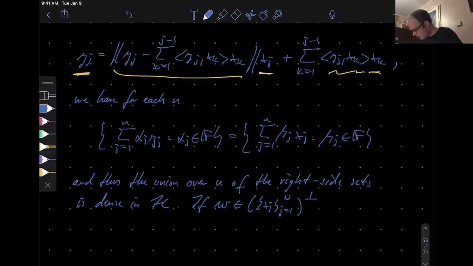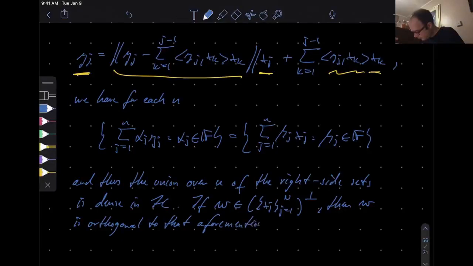Then w is also orthogonal to that aforementioned union of the right sets. But since that union is dense in H, and since the inner product is continuous, that means that also w is orthogonal to the whole space, right?